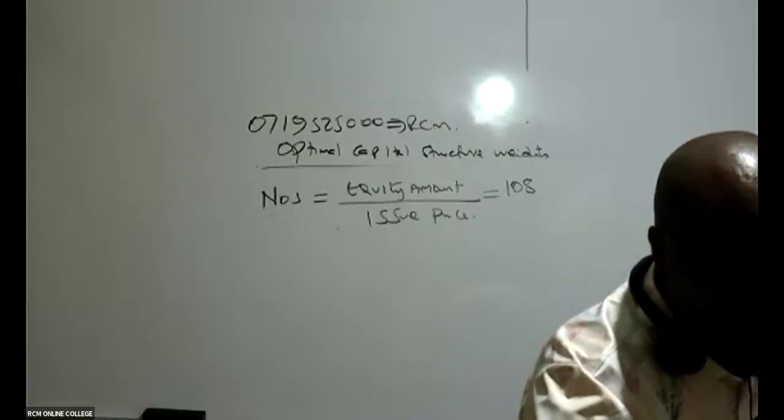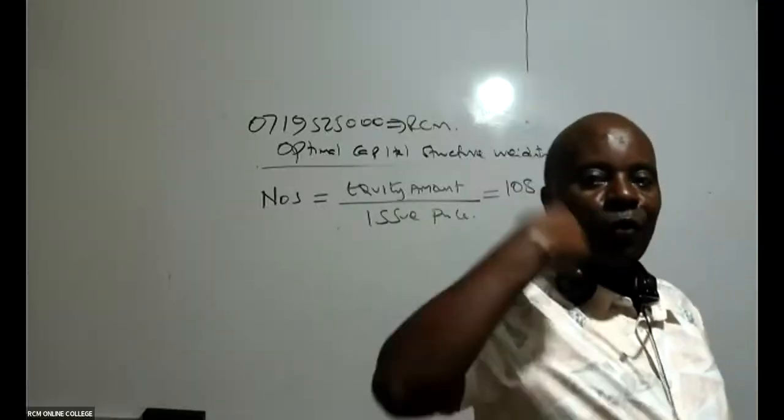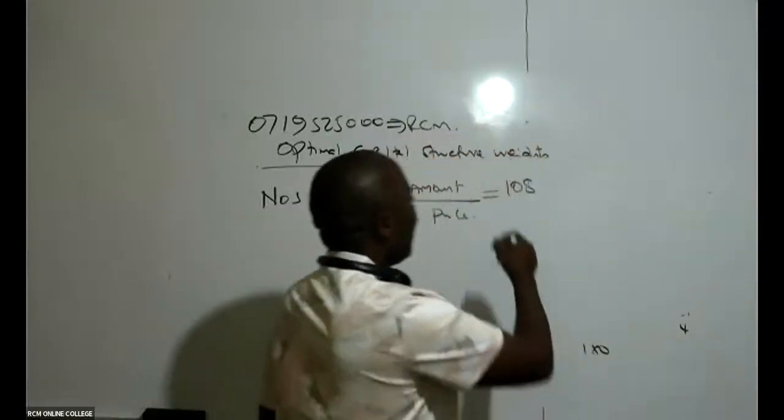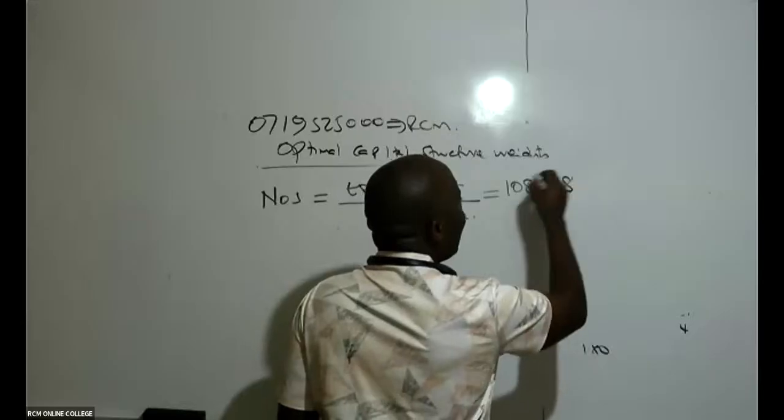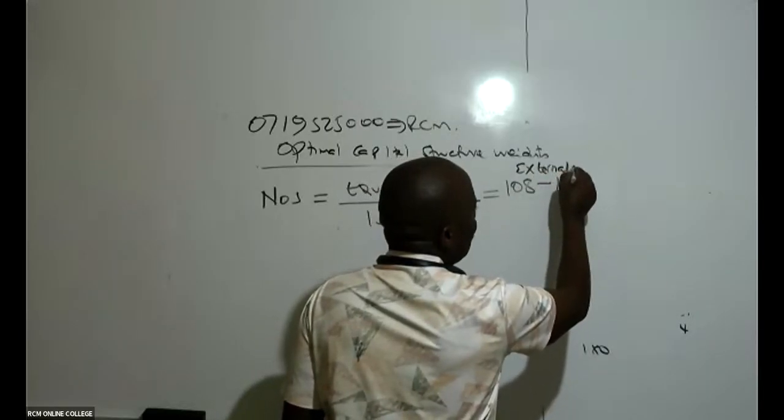You are told here: the firm expects to retain 18 million to finance this investment. To finance this investment, we shall retain 18 from our profits. So meaning that externally, how much are we going to get from external sources?